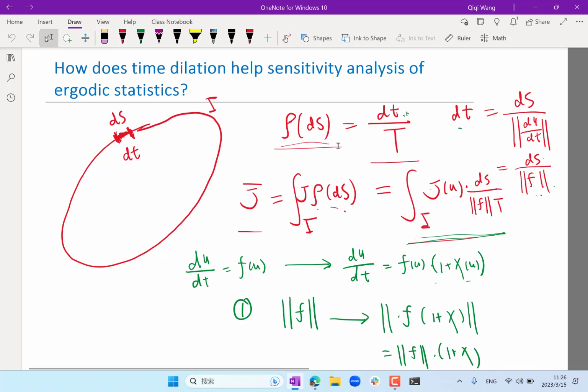So we first derived that the equilibrium density, which is really represented by the percentage of time an infinitely long trajectory spanned within a particular segment of the limit cycle, is actually equal to delta t over the period, where delta t is the amount of time it takes for the trajectory to go through that segment, which is delta s divided by the speed of the evolution itself.